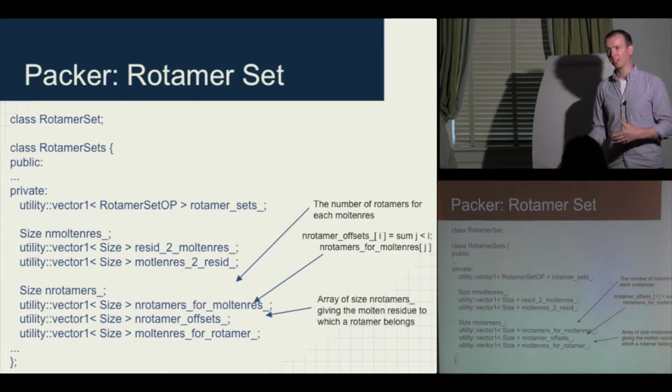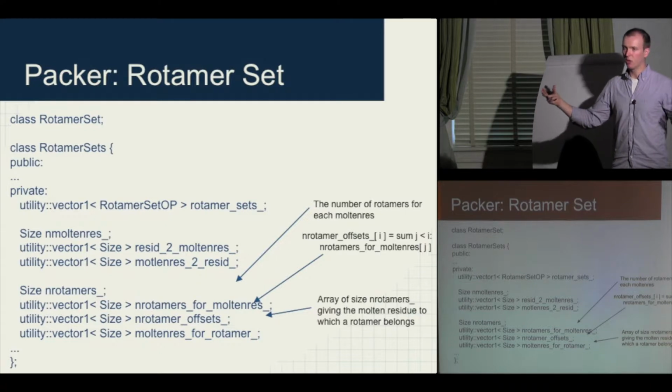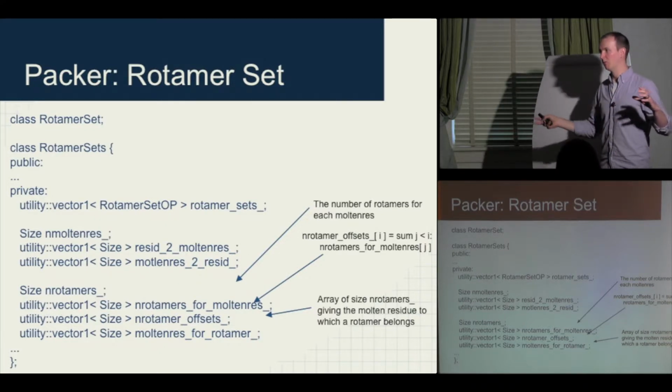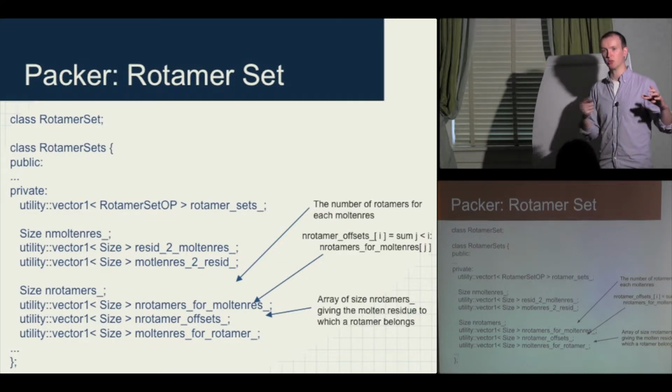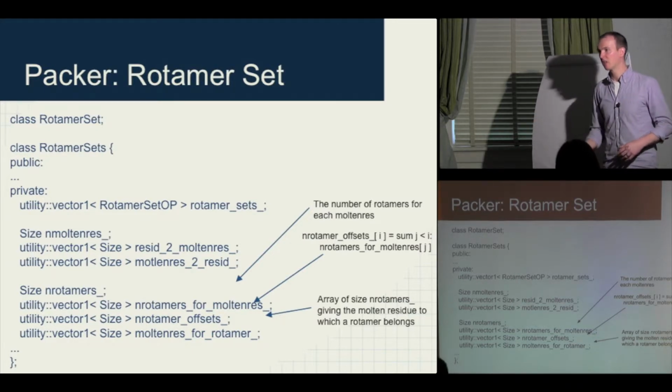In the middle of packing, you often ask for a random rotamer, and that's chosen currently by picking from a uniform distribution between 1 and the total number of rotamers, so between 1 and 20,000 in this case.